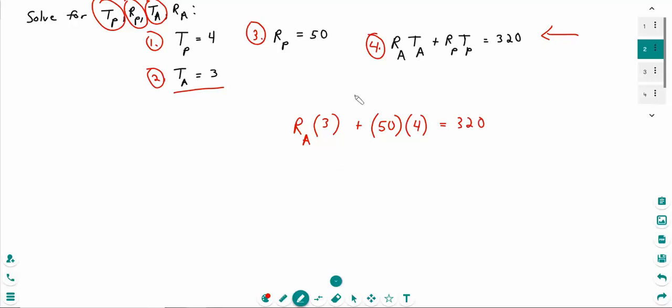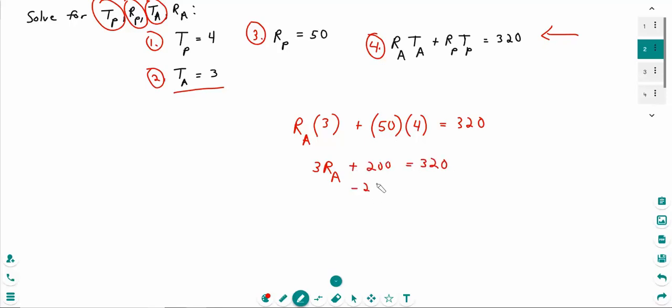So we've been able to plug all of the other 3 equations into this 4th equation, and that leaves us with an equation with only 1 variable, which is the way that we want it, because now we can solve. If we multiply this out, we have 3 r sub a plus, what's 50 times 4? That's 200, equals 320.